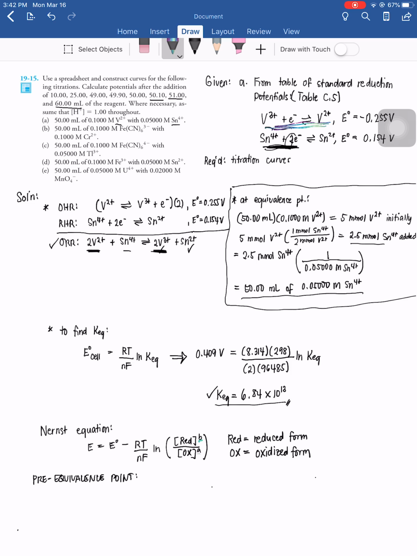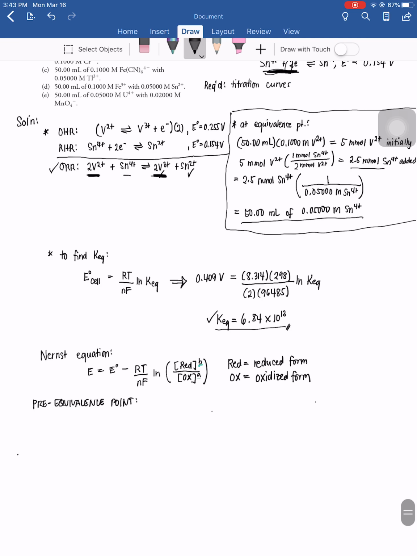Now, let's go back to the pre-equivalence point. As we've noted in our first video, we have here the following equation from table C.5. We noted that since this is pre-equivalence point, there is a lot more of the vanadium present than the tin present.